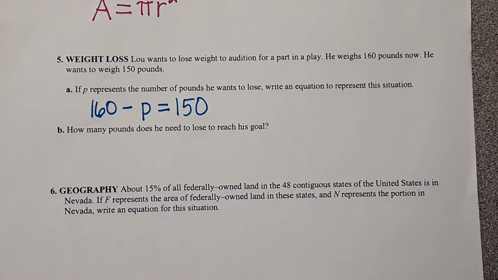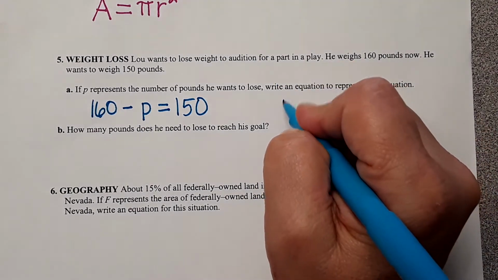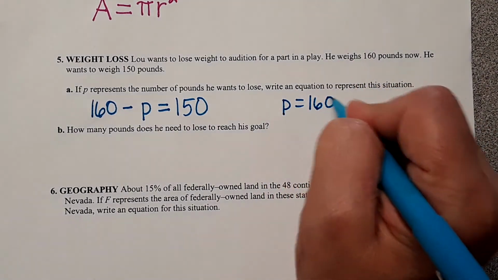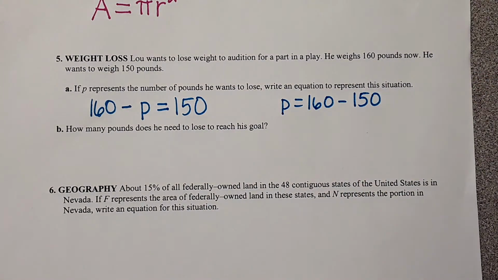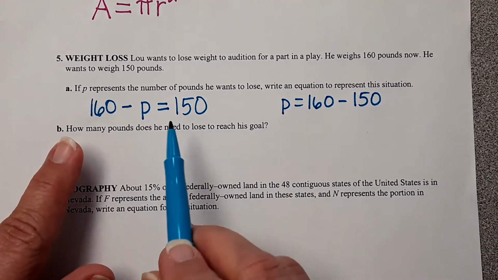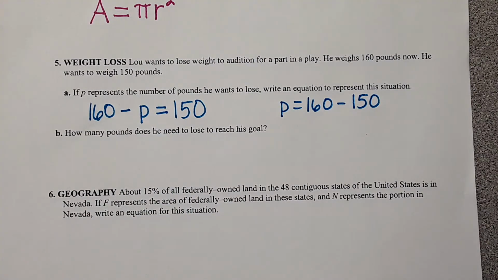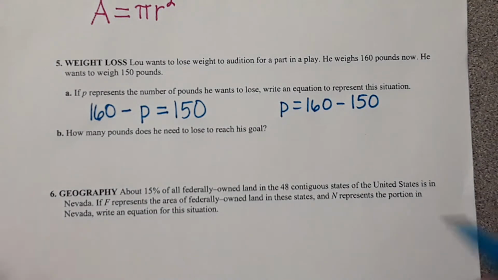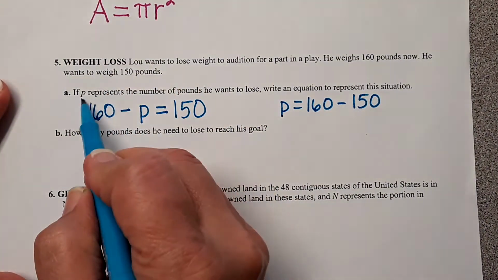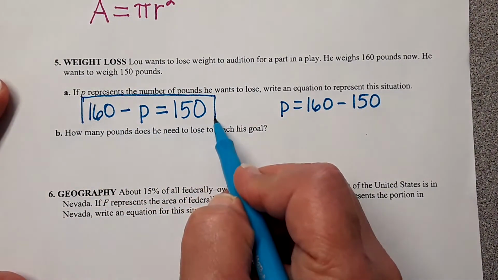You could have also done P equals 160 minus 150, because if he weighs 160 and wants to weigh 150, all you have to do is subtract. This is probably the one they want the most because it sets up where you have to solve it. That's another equation, but this is the better equation. Does that make sense?